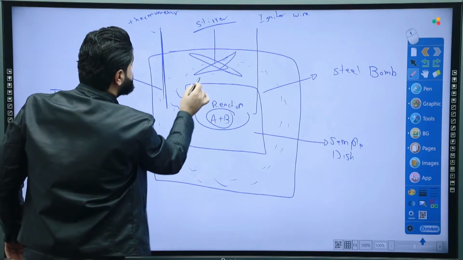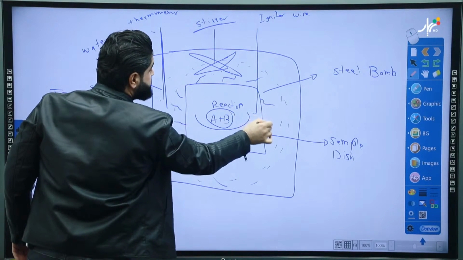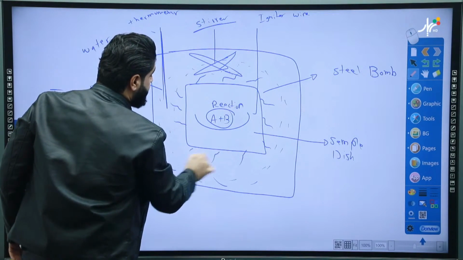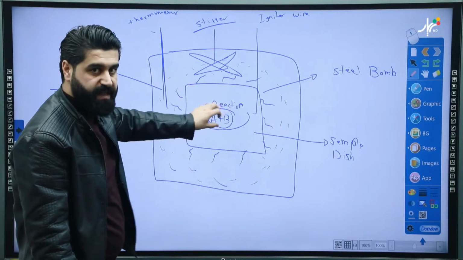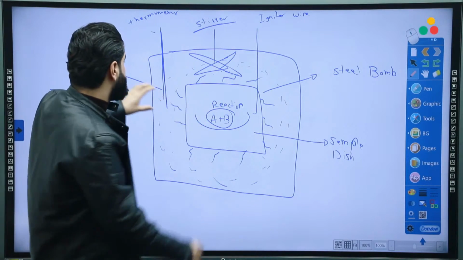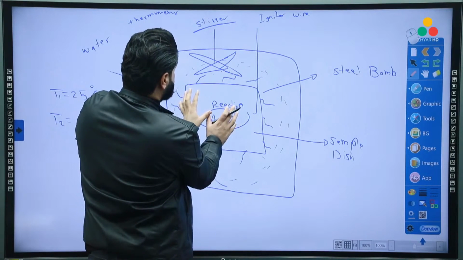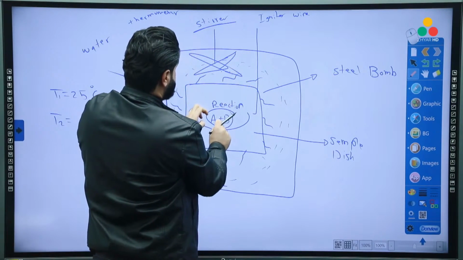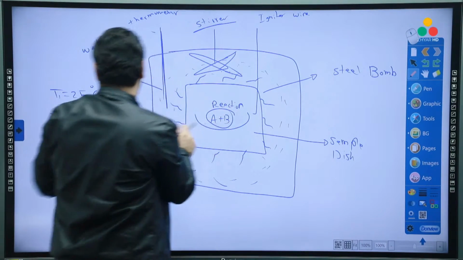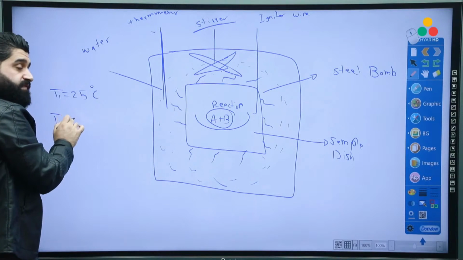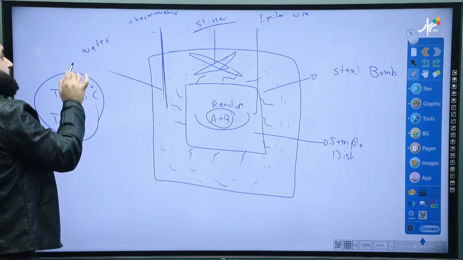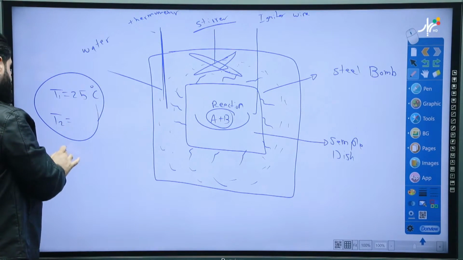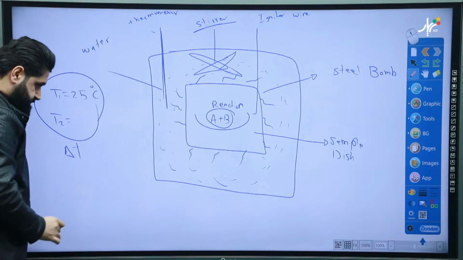But if it absorbs energy from water, that means T final will be smaller than this number. Anyway, we will calculate delta T.